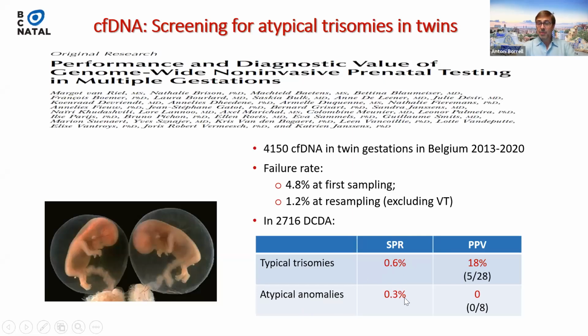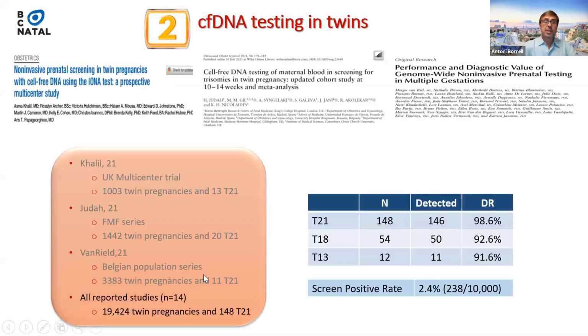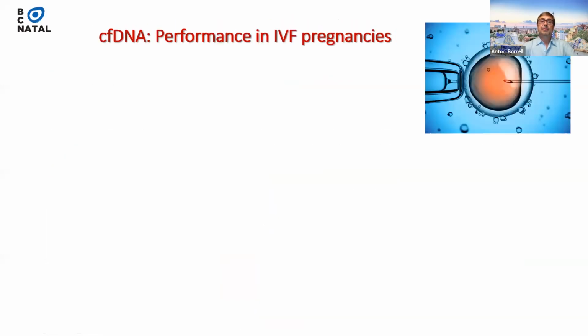For atypical trisomies it was 0.3%, and the positive predictive value was lower than in singletons, but we have to understand that this is a reduced sample with not so many Down syndrome cases. The number of Down syndromes here is just 11, because it's a low-risk population.